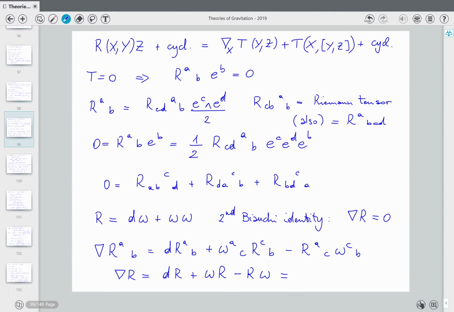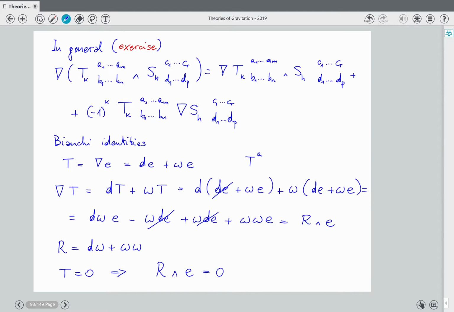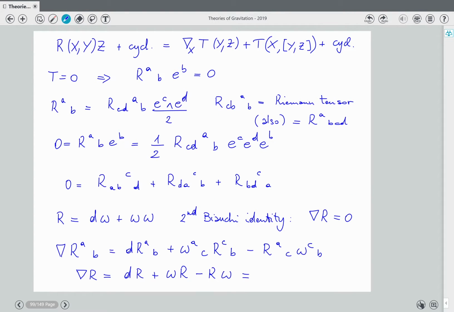With vector fields you have to do that. When you use differential forms, instead, you have this Bianchi identity, del T is R wedge e. So it appears that this term disappears, but this is because we're using vector fields. And again, the second Bianchi identity is much simpler with differential forms, because you just have del R equals 0.